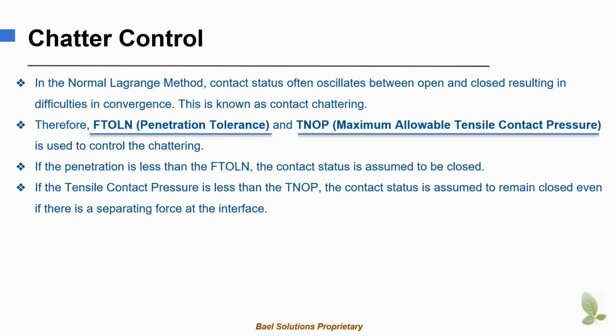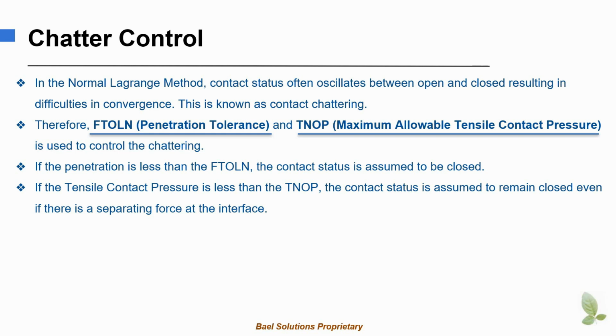Similar to the normal stiffness factor, maximum allowable tensile contact pressure, or TNOP, is a scaling factor. By default, TNOP is 1% of the force convergence criteria divided by the contact area. Similar to FKN, if TNOP is positive, it is considered as a scaling factor. If it is negative, it is considered as the permissible tensile pressure value, and not the scaling factor.